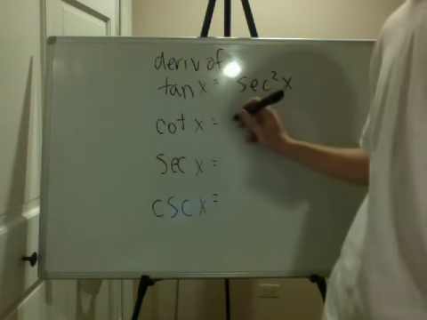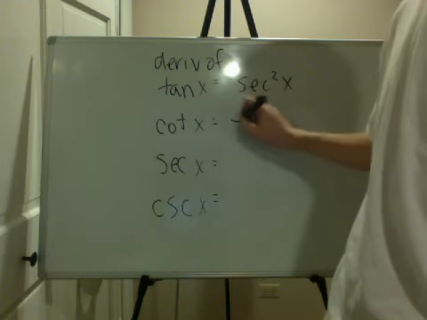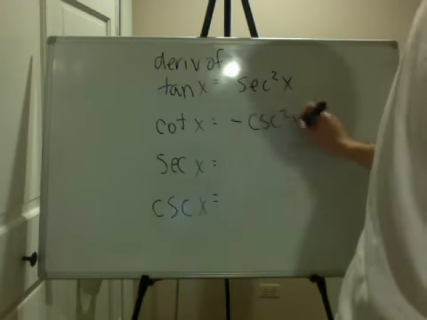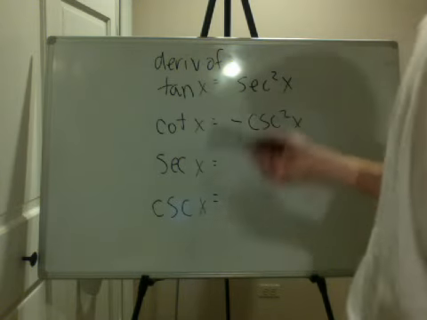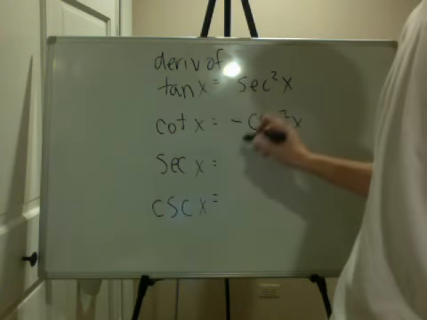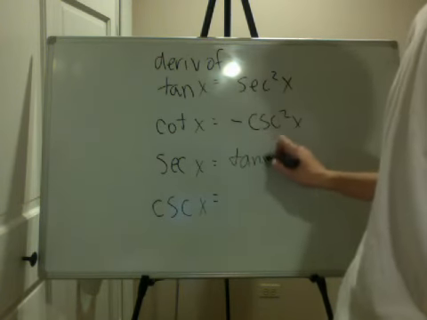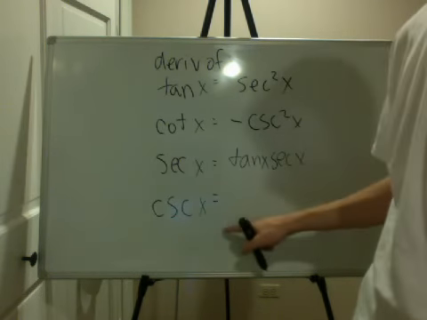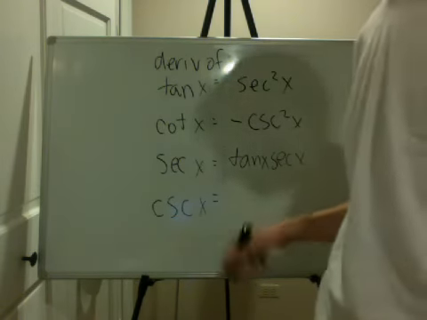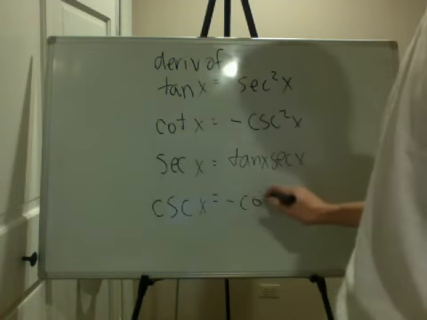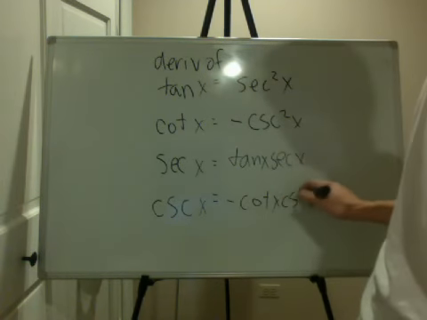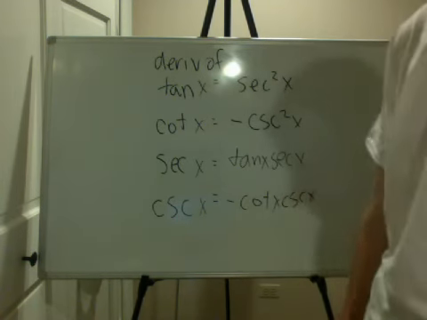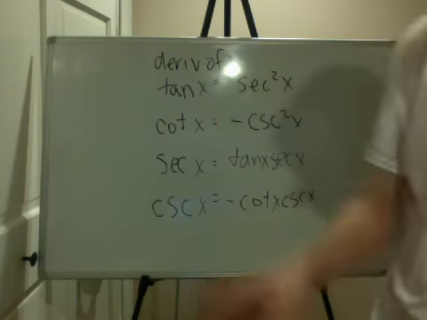The derivative of cotangent is negative cosecant squared. The derivative of secant is tangent of x, secant of x, being multiplied together. And the derivative of cosecant of x is negative cotangent x cosecant x. Pause and write these down if you want to, because I'm about to erase it.